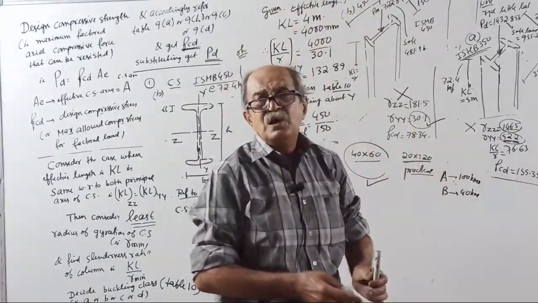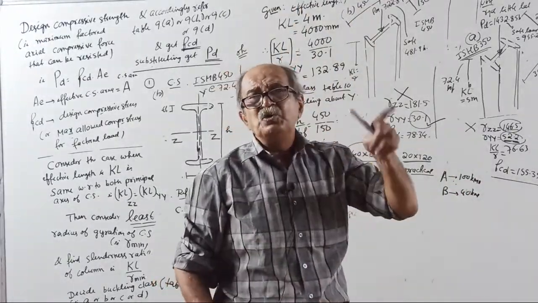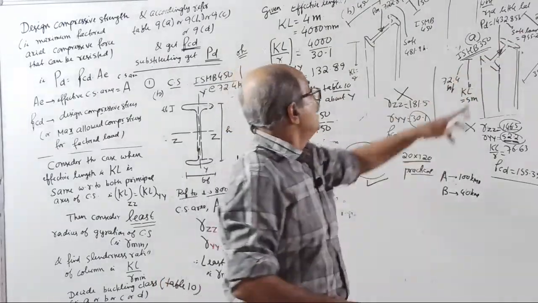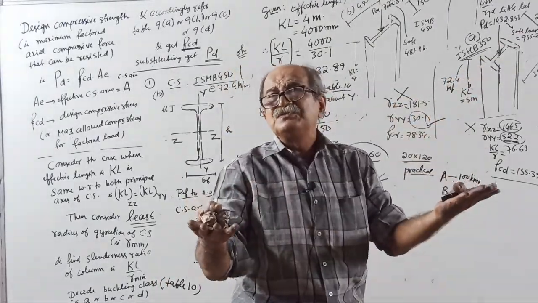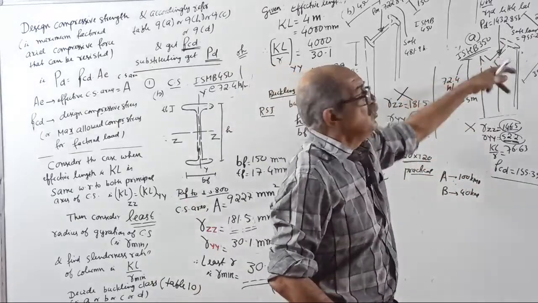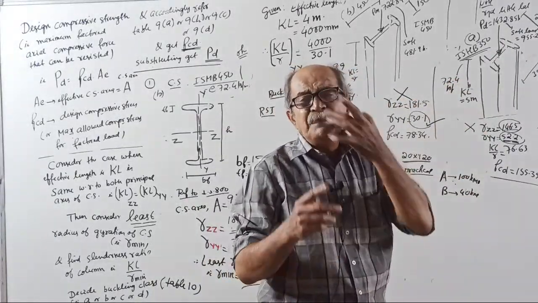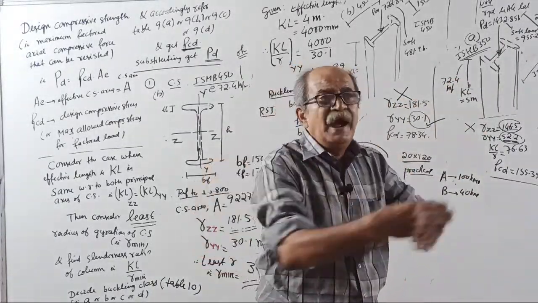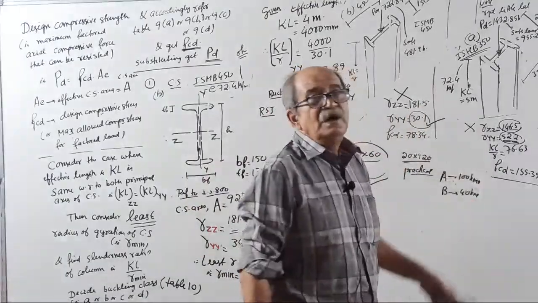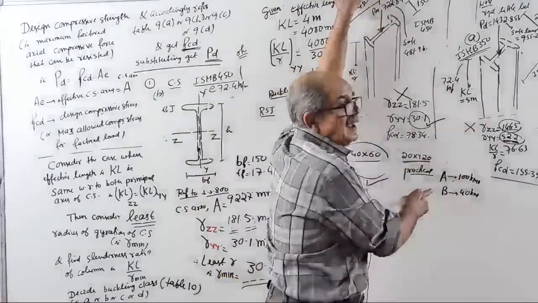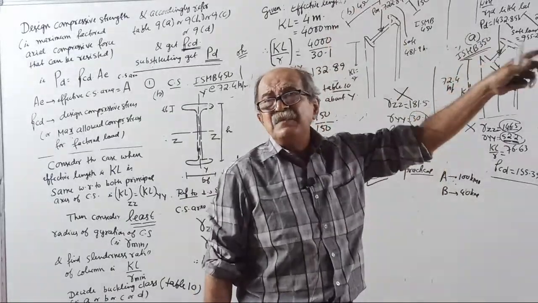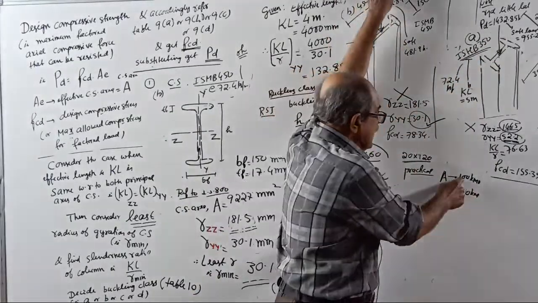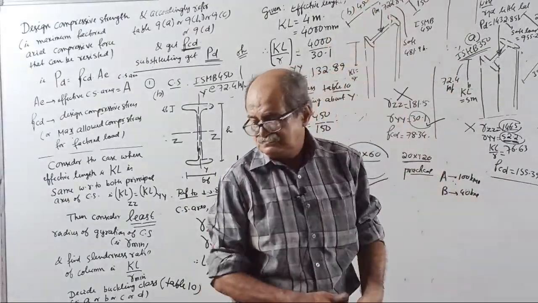But remember, the rule is there. Both should go together. Column load is the same for both. You cannot apply different loads. Both people have to drive together. Now your journey time will depend on the 100 speed or the 40 speed.